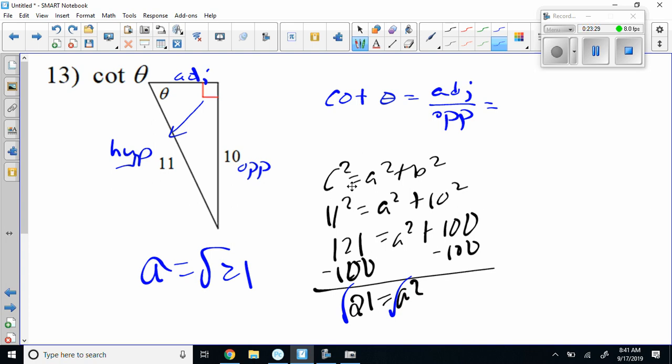Y'all remember prime factorization? Where you did the little tree and you were getting down to prime numbers, 2, 3, 5, all that, right? And you would circle pairs and pull them out. Those pairs make perfect squares, right? All right, so adjacent is square root of 21.